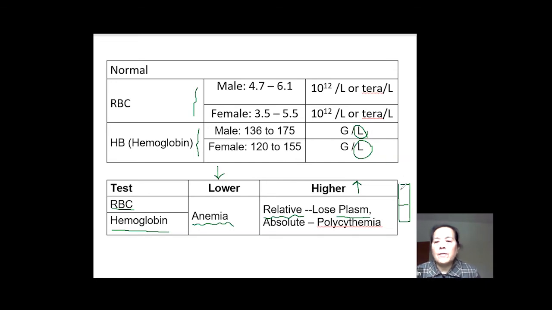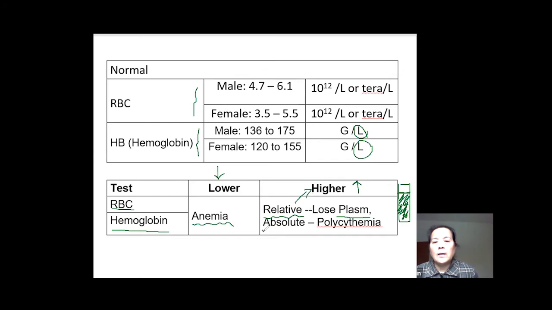If some people suddenly lose more blood plasma, that truly changes the percentage. So if we test, some people truly have a high number in there. That kind of situation we say is relatively higher.